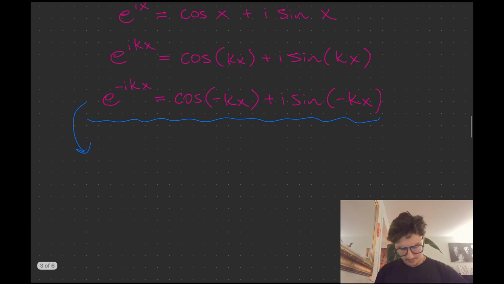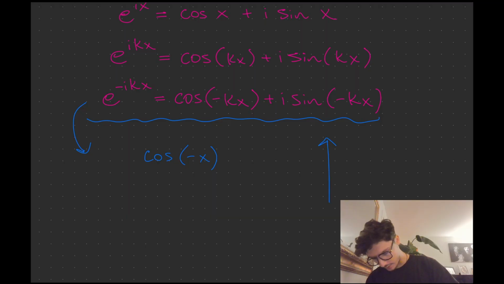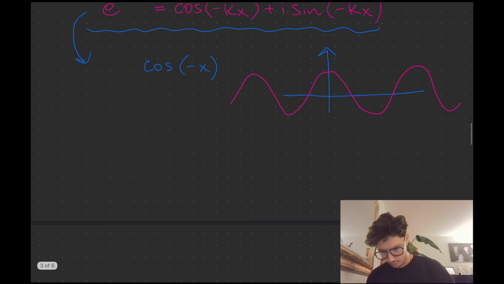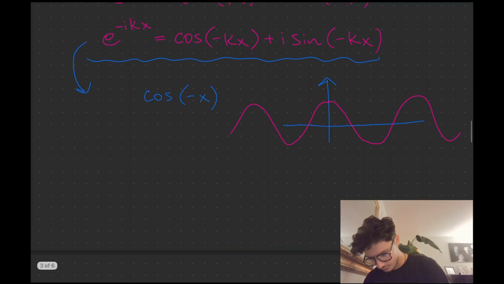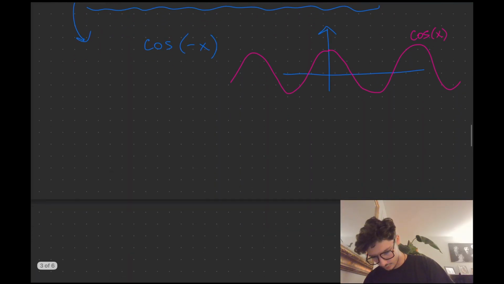I know that, well, let's determine what cosine of minus x equals. I know that cosine looks like this. So cosine starts at 1, it goes down, does this, and it goes over here and does that. All right. And while we're at it, let's also do sine. So this is cosine of x. Let's do sine of x over here.